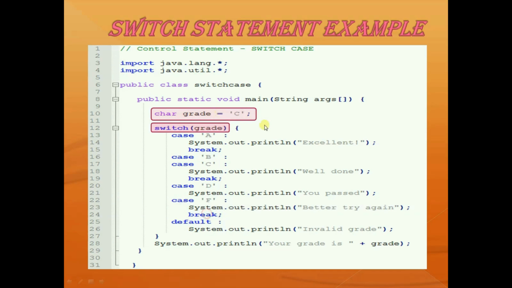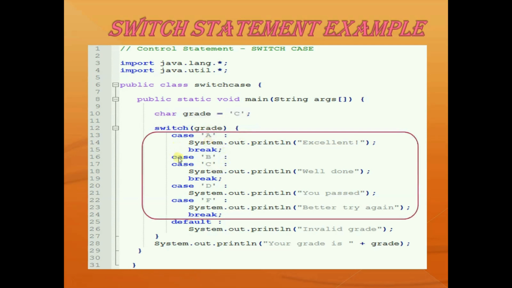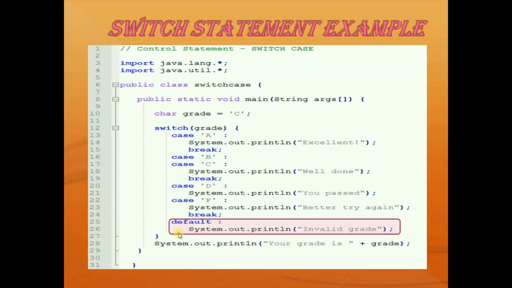So based on the grade, we are evaluating it inside the switch statement, and if none of these conditions, where grade is A, B, C, D or F, are met, then we define a default condition, which will catch all the options other than the defined conditions.